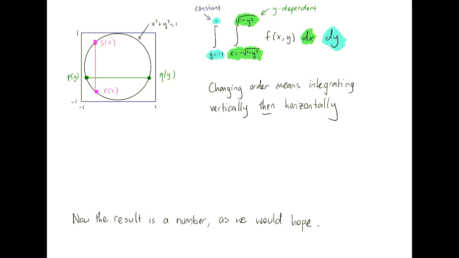So now my first integral is going to be with respect to y, and it's going to go from minus 1 minus x squared to 1 minus x squared. And now I've moved the dy inside, and these are the bounds in y.